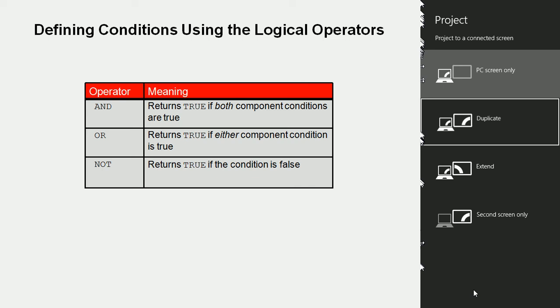If you are using the or operator, it will return true if any one of the two conditions or more than two conditions is true. If one condition is true and the second is false, then the overall result is true. But in the and operator, if one condition is true and the second is false, the result is false. The result will be false until both of the conditions become true.